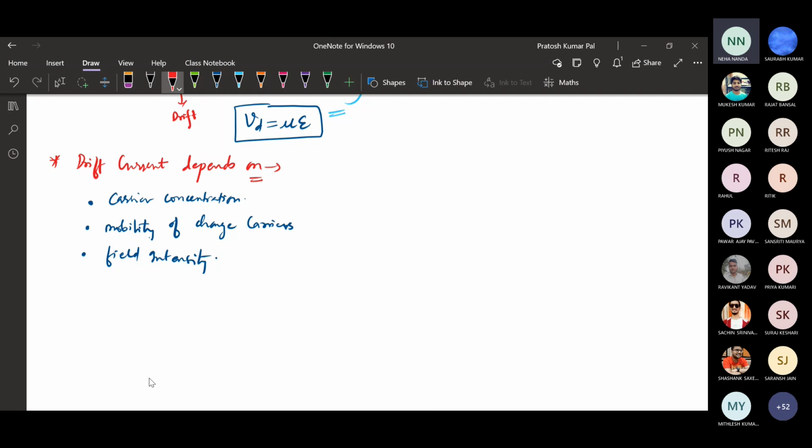But overall, the drift current will mainly depend on the electric field only, because the electric field is the causing agent for this drift current. This drift takes place only when an electric field is applied to a semiconductor. Okay, next we can see on what parameters this diffusion current will depend.